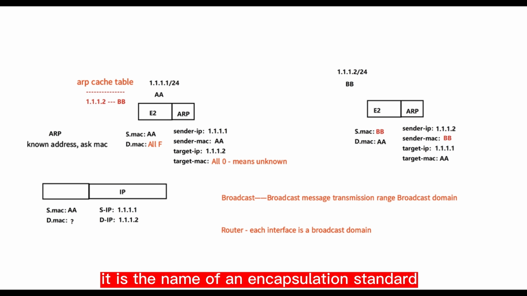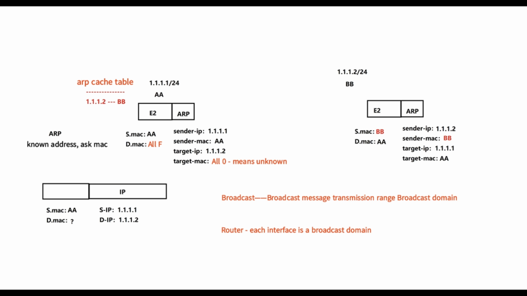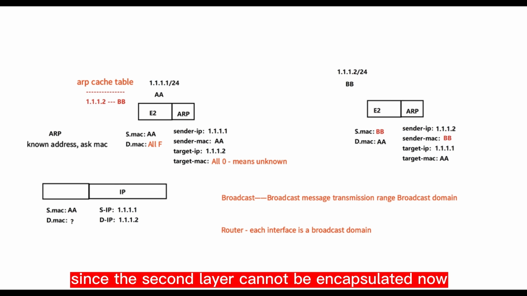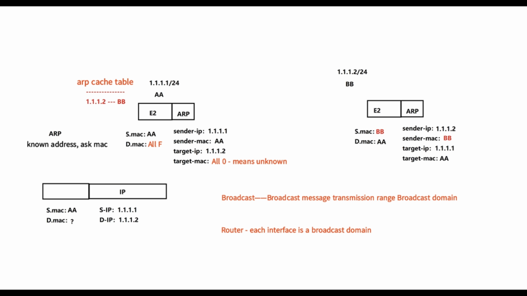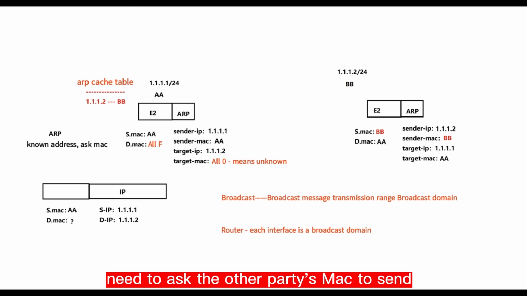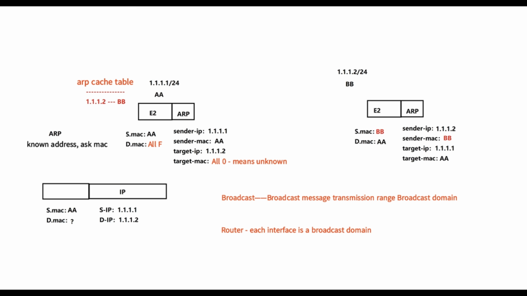E2 is the name of an encapsulation standard, not a special parameter. Okay, let's summarize the process. Since the second layer cannot be encapsulated, this message cannot be sent out. So you definitely need to ask for the other party's MAC in order to send. This is ARP: known IP, seeking MAC.